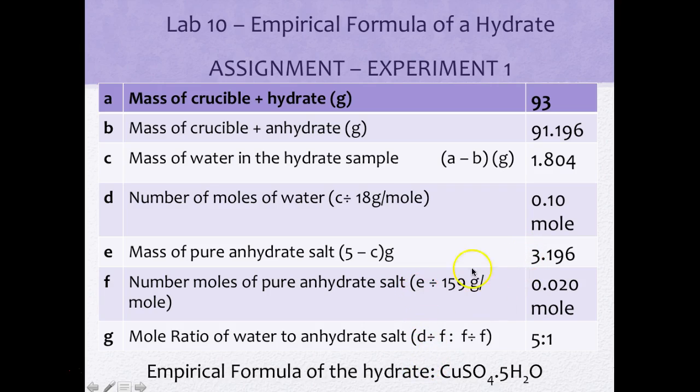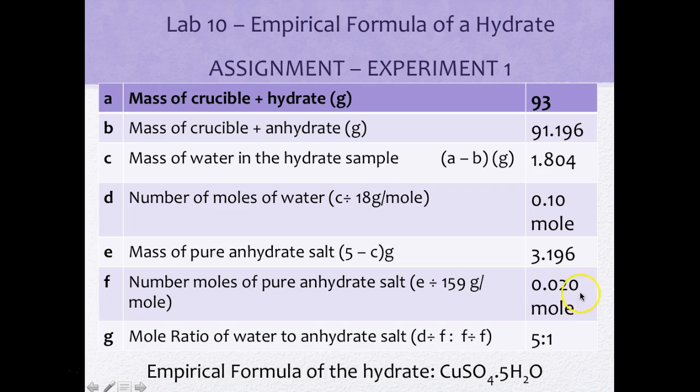You take that number, the 3.196, and divide it by 159. Why 159? 159 is the molar mass of copper 2 sulfate. So you get 0.020 mole of the anhydrate, which is the copper 2 sulfate.